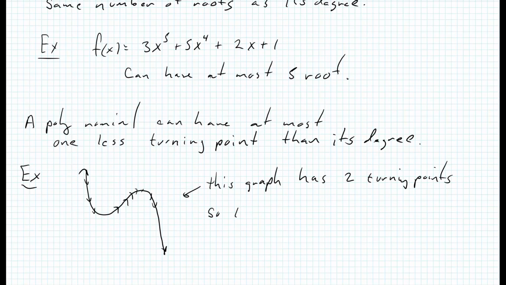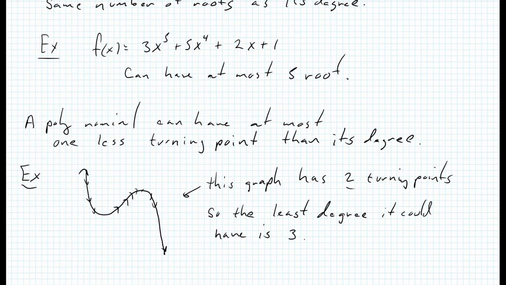So the least degree it could have is, well, 2 plus 1, which is 3. So this could be a cubic polynomial. In fact, it looks like a cubic polynomial. But that's a little deceiving. I do know it's an odd polynomial because it goes up one direction and down the other, right?